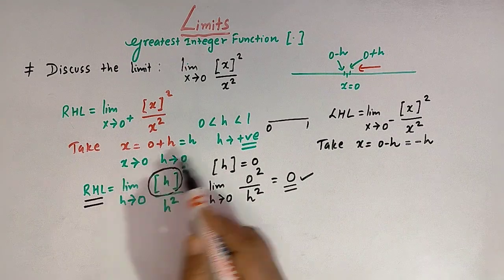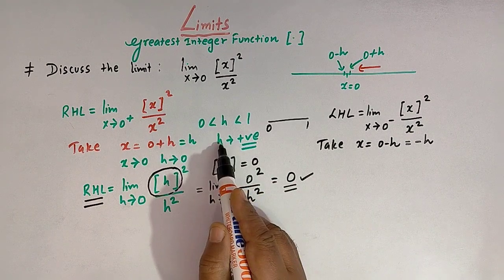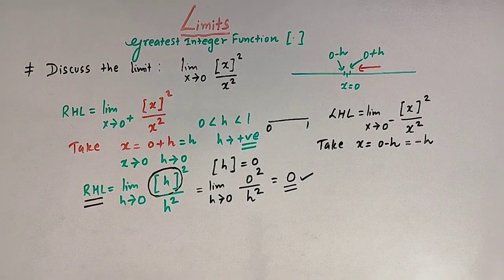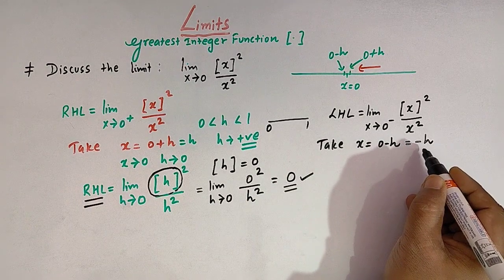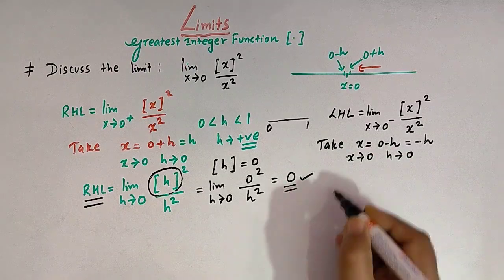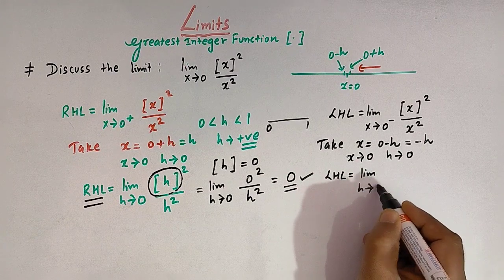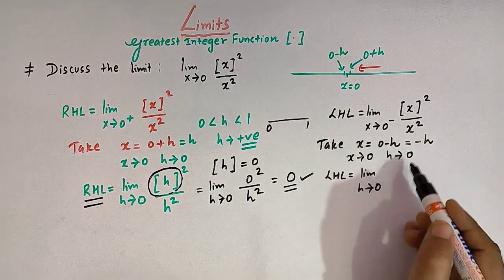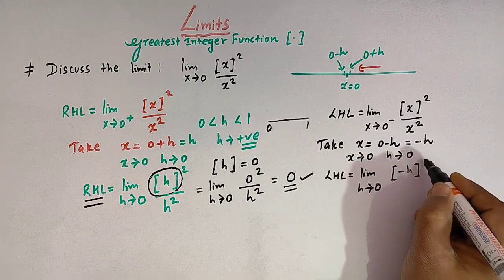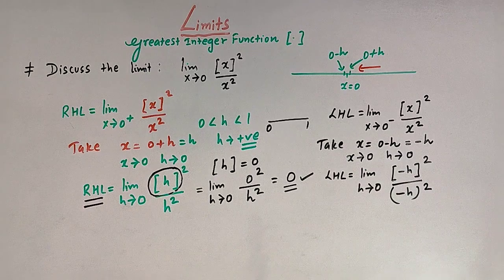The remaining conditions are the same: h is a positive quantity and lies between 0 and 1. Since x tends to 0, h also tends to 0. So we have the left hand limit, limit h tends to 0 of the square of greatest integer of minus h, divided by minus h squared.